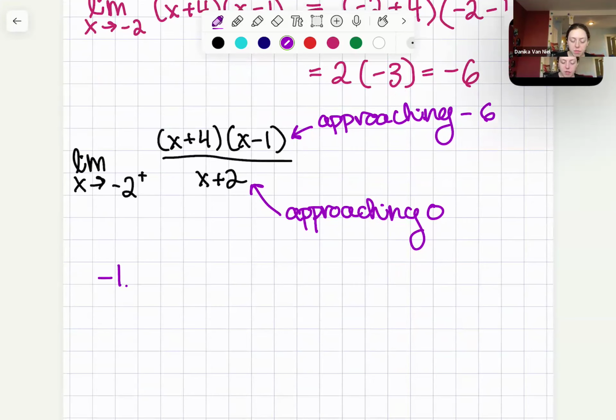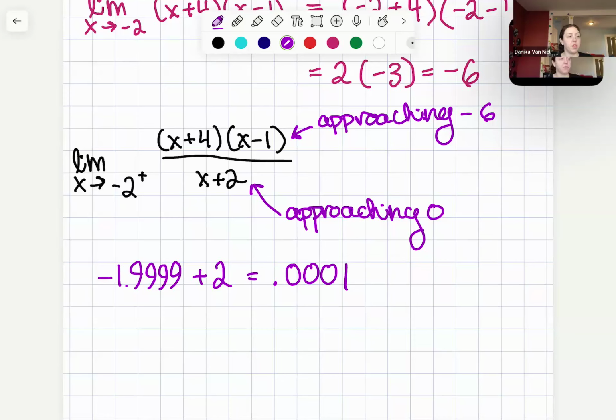So if I have -1.9999 plus 2, because this is a little bit to the right of -2, this is going to be positive 0.0001, so it's a positive thing.